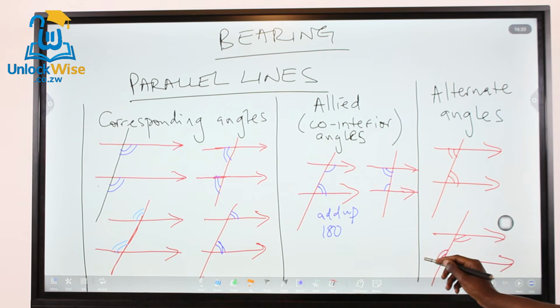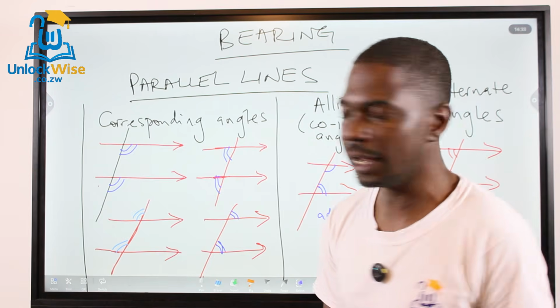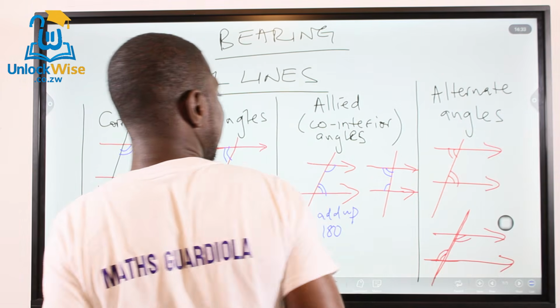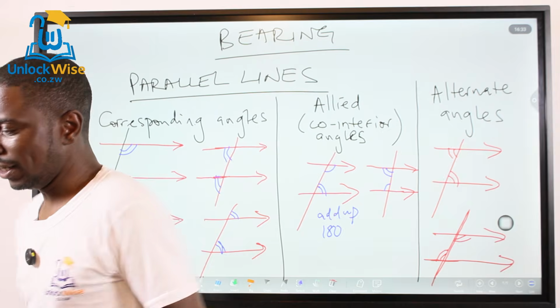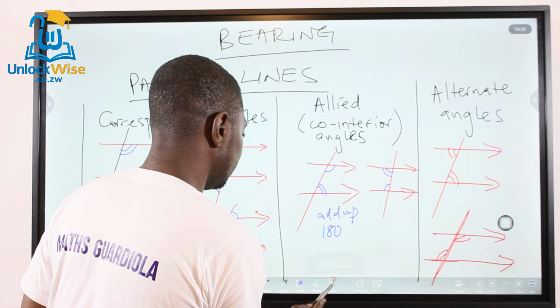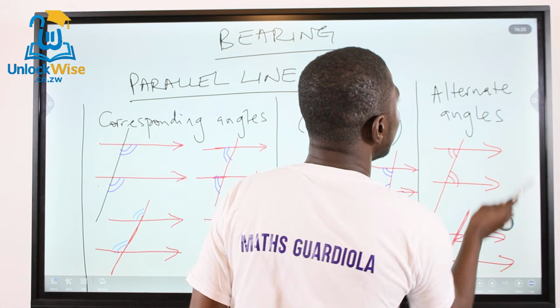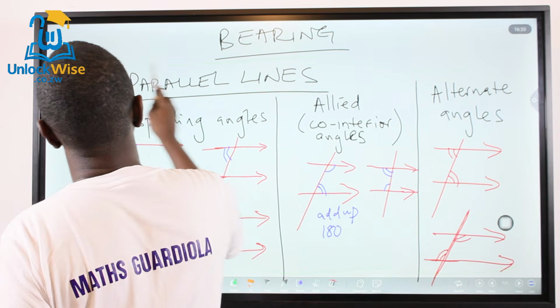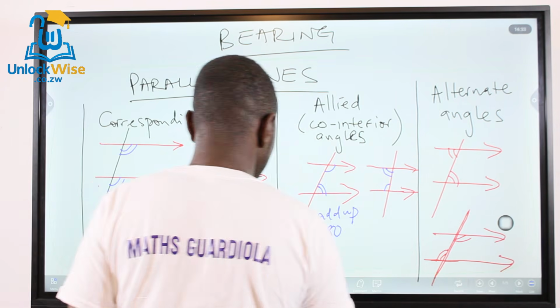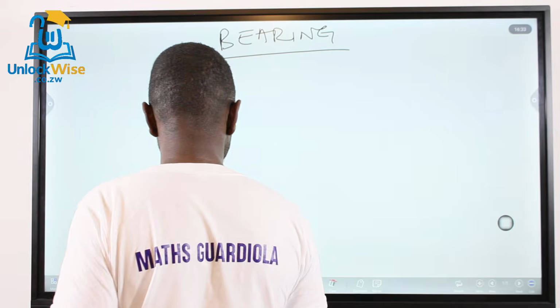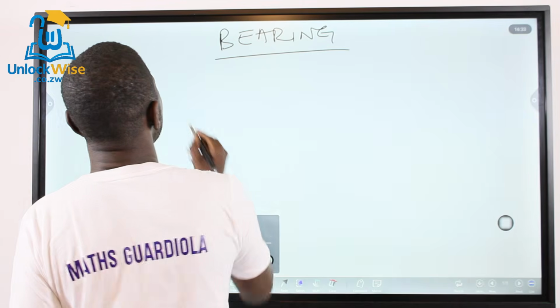These are what others refer to as Z angles, and they say Z angles are equal. Now, having said this, I want us to talk about bearing, because we will use these properties of parallel lines. So under bearing, I want you to remember these three things.